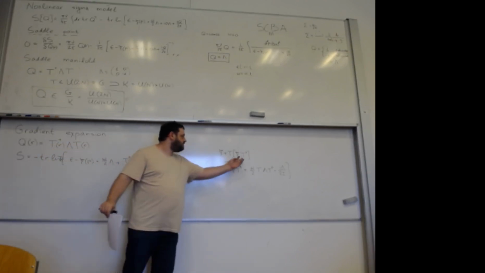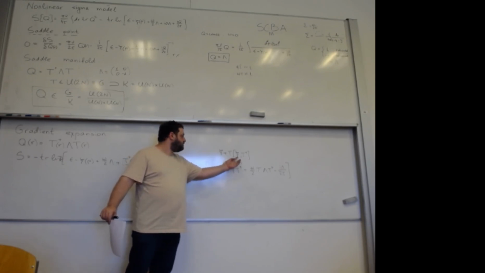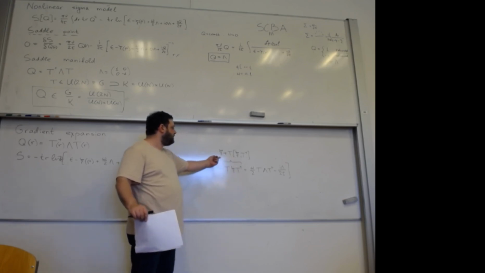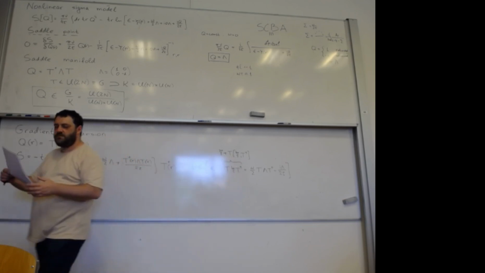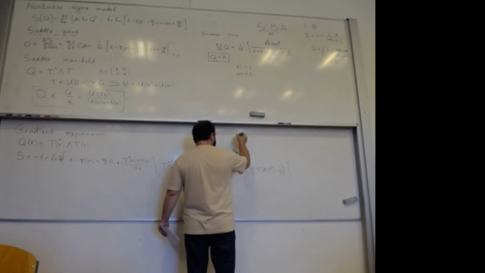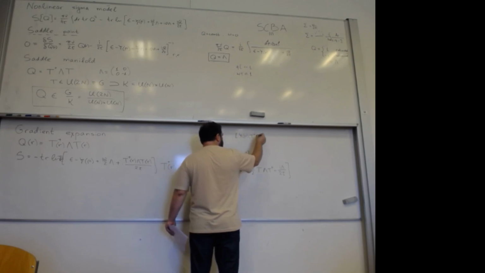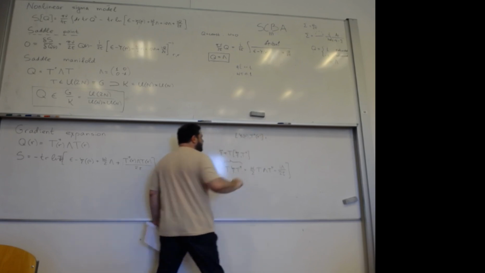Just this commutator is psi T dagger minus T dagger psi. So the first term is T psi T dagger is here, and the other one with minus is here. It's just the same. And now what is this commutator? Commutator of psi of P and T dagger of R.